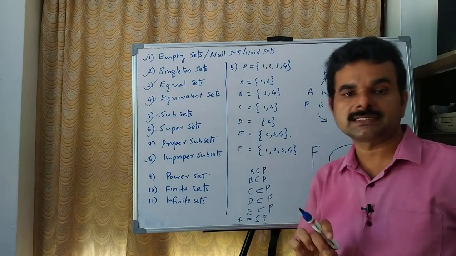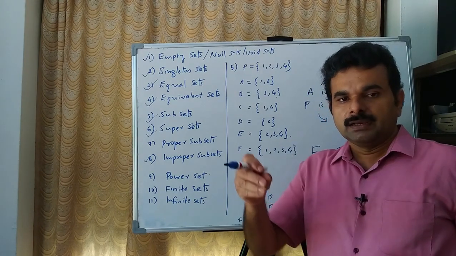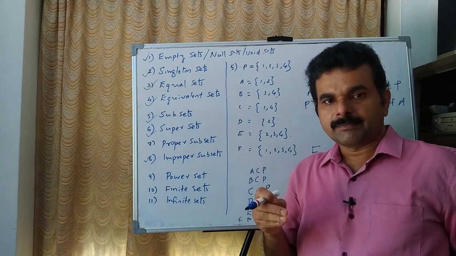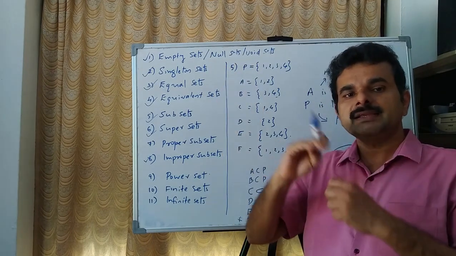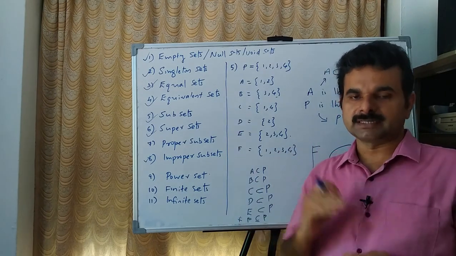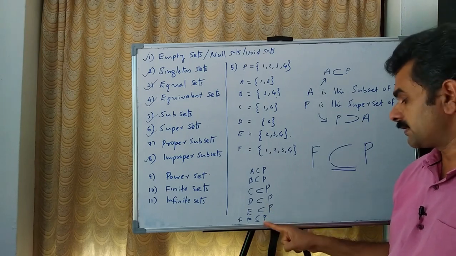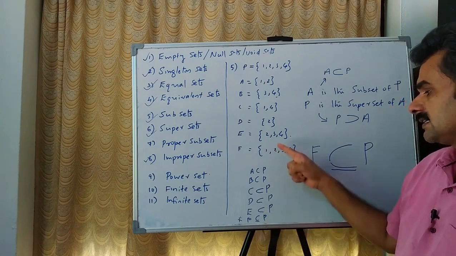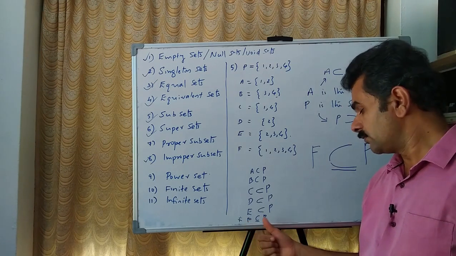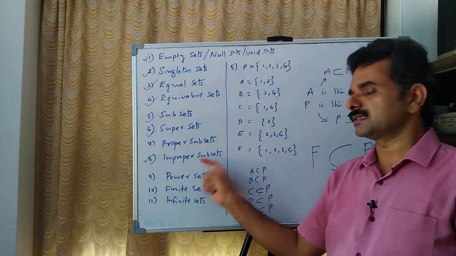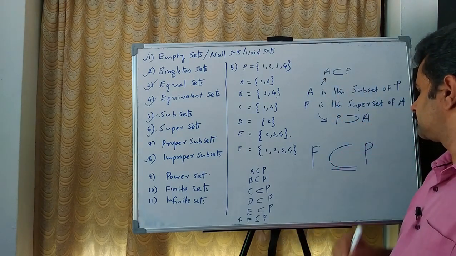Improper subsets are the subsets prepared by using the elements of its superset, but they are equal or identical sets. Here F is the only improper subset from these listed subsets. F is an improper subset. What is the symbol for improper? This symbol.